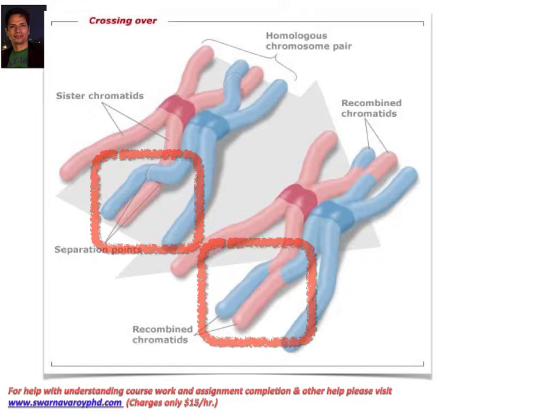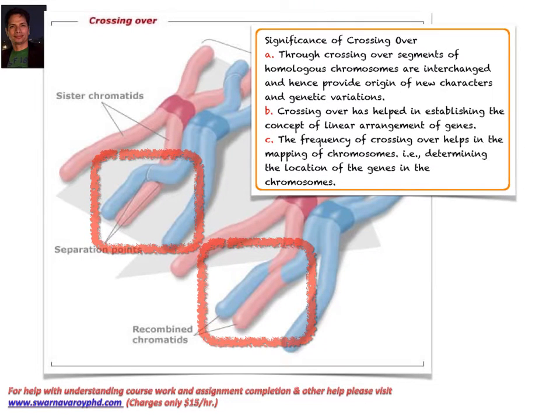That's why we don't exactly look like our parents. We're not clones of our parents. At the same time, all the siblings are also different from each other. It's because of this gene shuffling. It happens, and it gives different permutations and combinations. So that's the significance of crossing over. What's relevant to us for this lecture is that through crossing over, segments of homologous chromosomes are interchanged and hence provide origin of new characters and genetic variations.